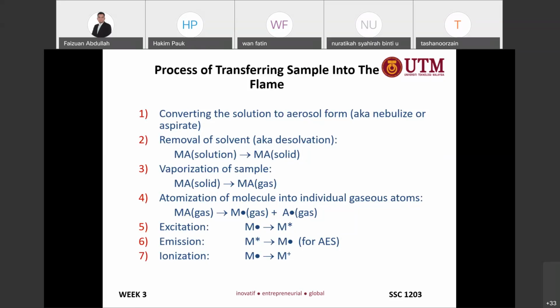and then some absorption of energy happens, from ground state to excited state. The analyte will absorb a certain amount of energy that's similar to the light source.